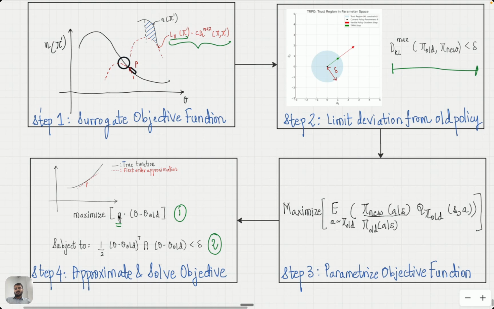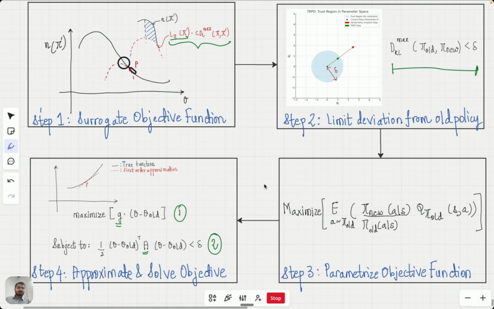The only difference is that we have pi new and pi old here instead of just pi, but it looks exactly the same as vanilla policy gradient. And it is subject to this constraint where A is given by the Fisher information matrix, whose inverse is hard to calculate.